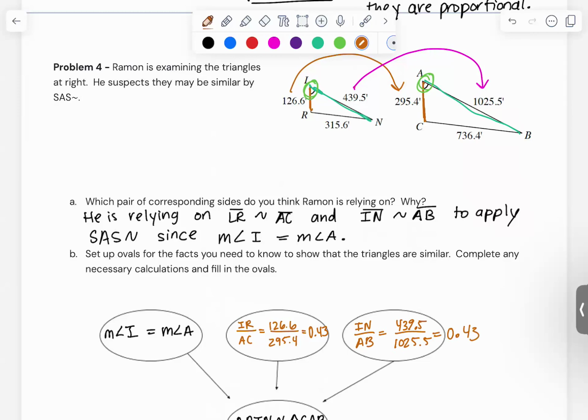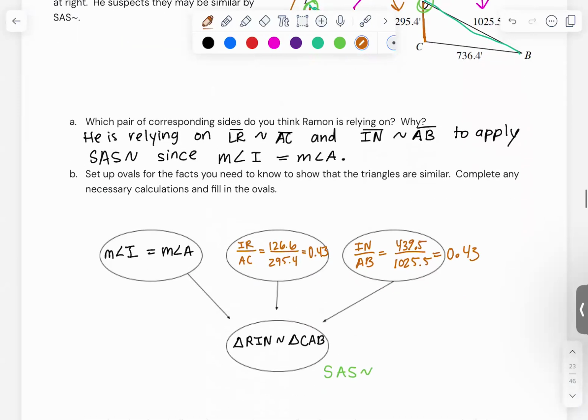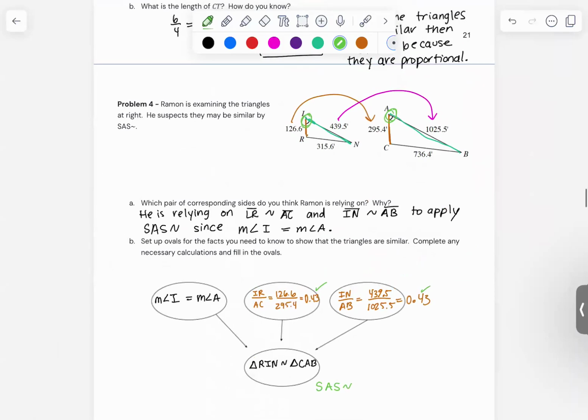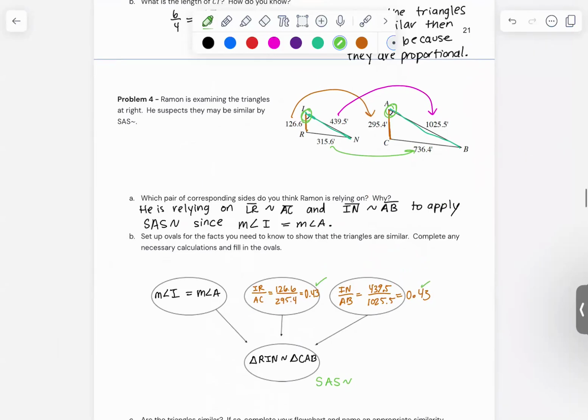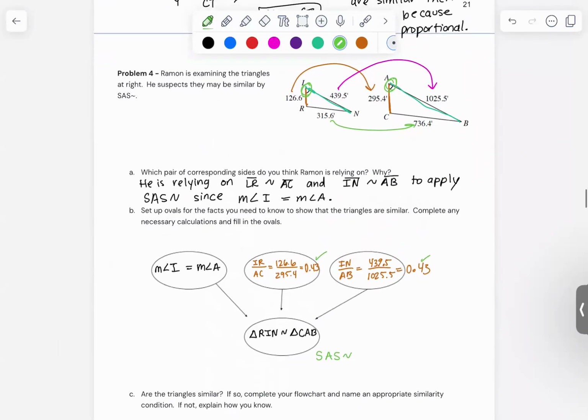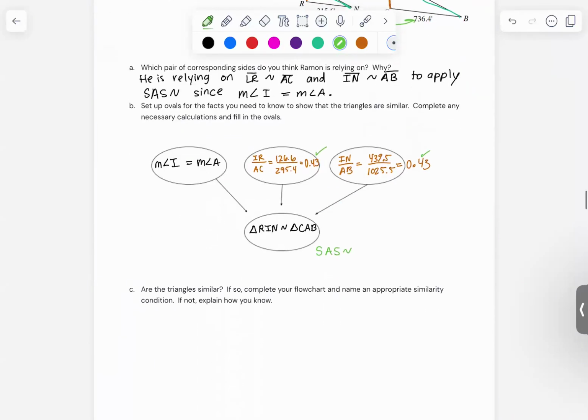I should get 0.43 again. So, good thing is that these two check off, so they are proportional and they are similar. If you really want to get crazy, you can also check the proportionality of this. You should get the same number. So yeah, so now we filled in our calculations.